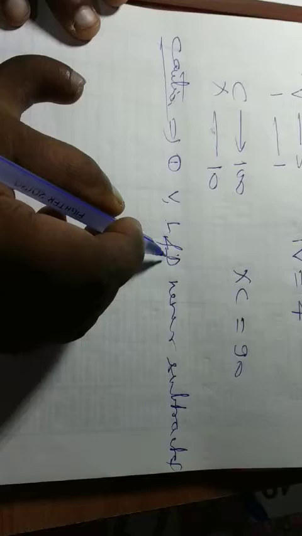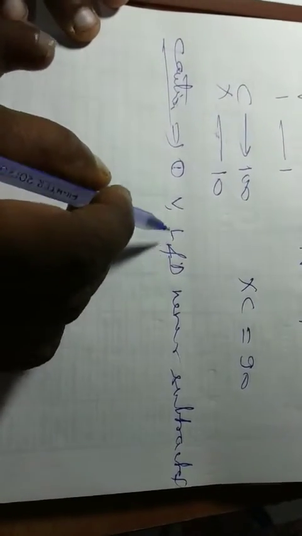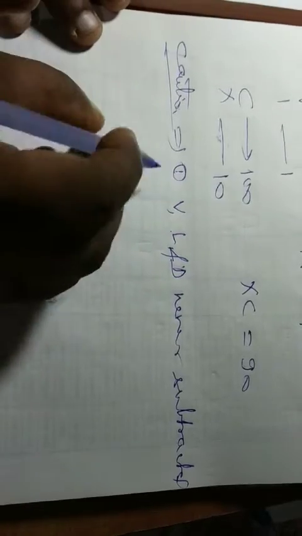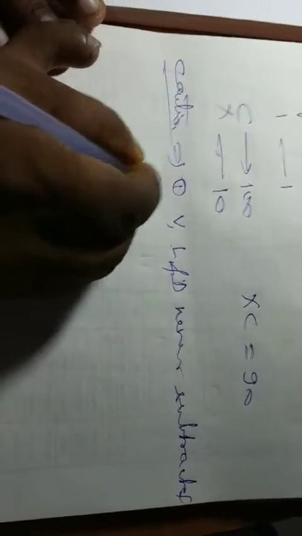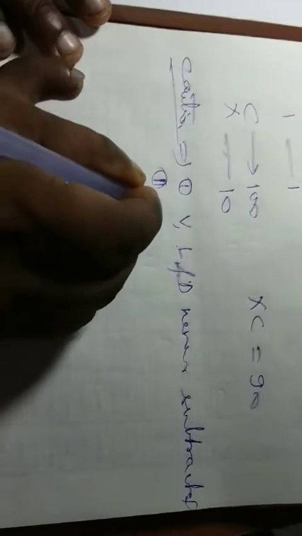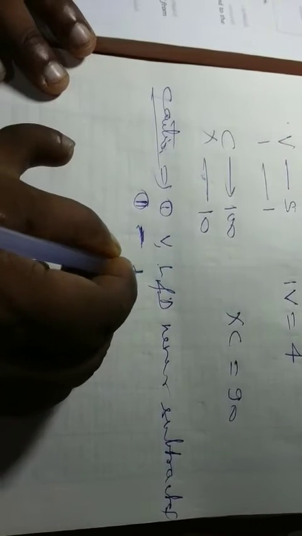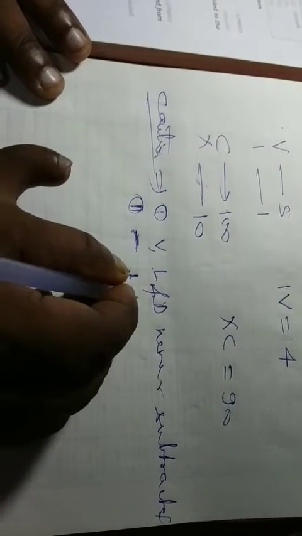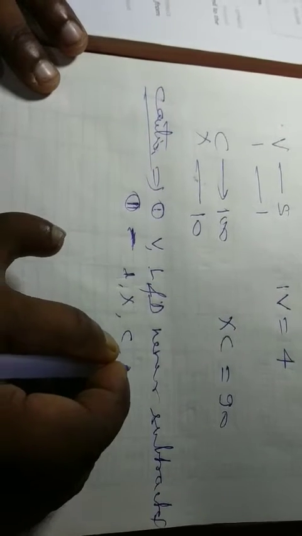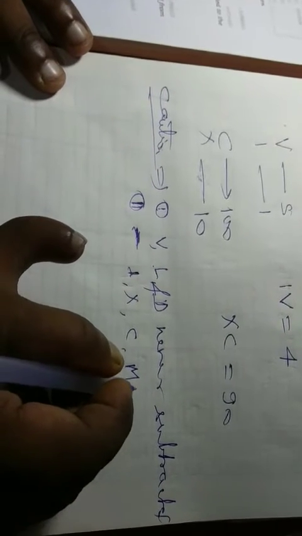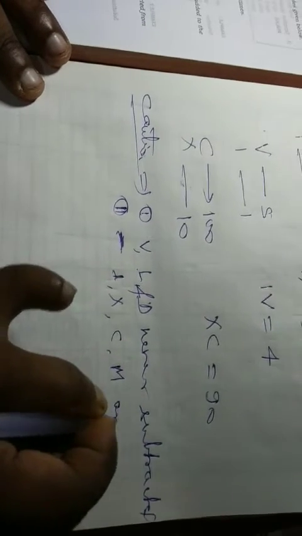Remember, V, L and D are never subtracted, and they are also never repeated. Second, I, X, C and M are subtracted.